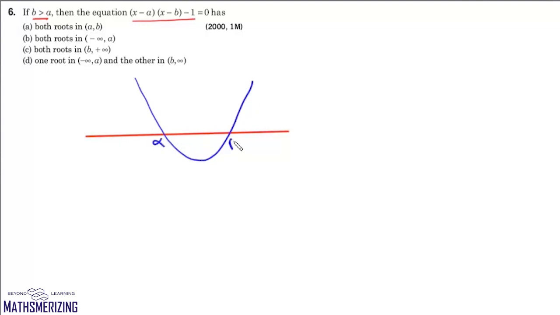Now here the question is, if b is greater than a, then we need to find the location of roots of this quadratic equation (x minus a) into (x minus b) minus 1 equals 0. Now we know that the coefficient of x square is positive. That means this quadratic expression is opening upwards. So the roots are alpha and beta. Now if we write this as some function f(x), which is (x minus a)(x minus b) minus 1, what is the value at a? f(a) is minus 1 and f(b) is also minus 1.